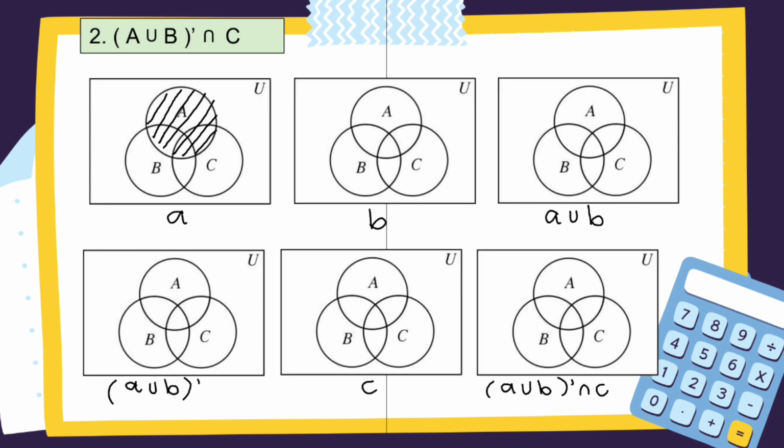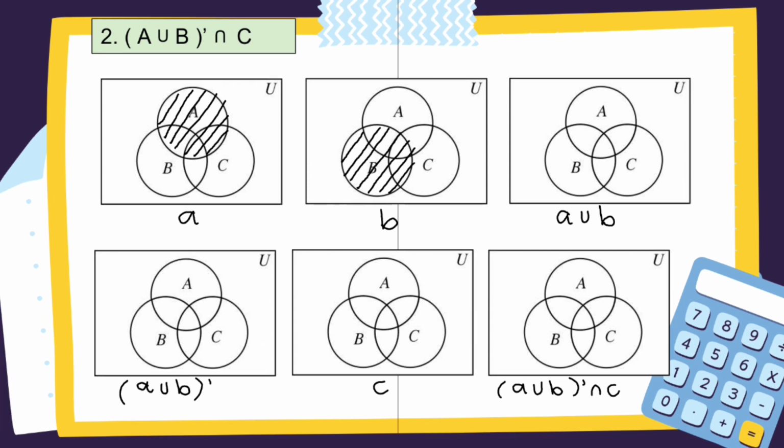In the second box, we got B. Just like in the first box, we will only shade the B circle. In the third box, we get the union of A and B. Union means what is shaded in the first box and second box will all be shaded in the third box. So in the third box, both A and B will be shaded.